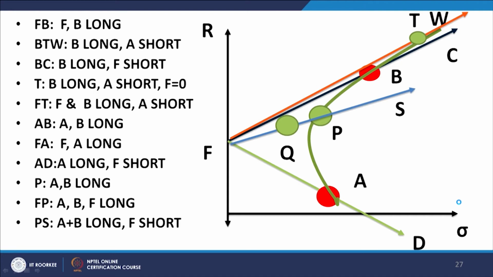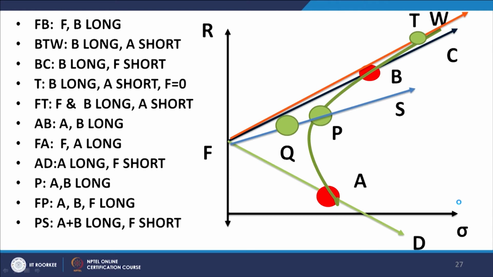In other words, I will come back to it, except for the point T, there would be no point on this arc A, B, T, W where XF would have a positive or negative value other than 0. So, BTW represents B long and A short.